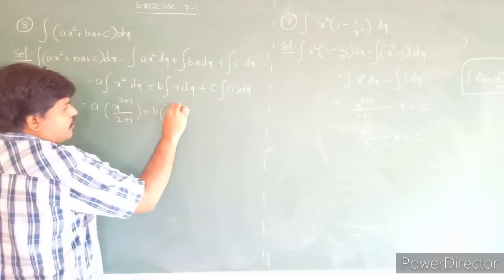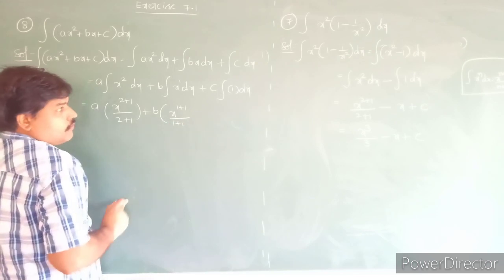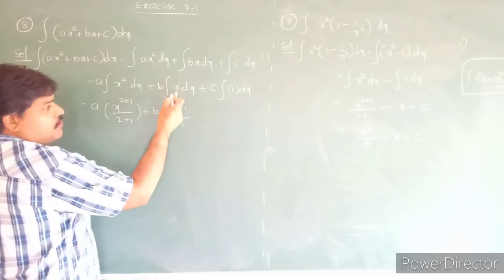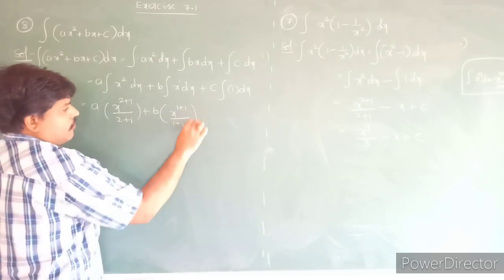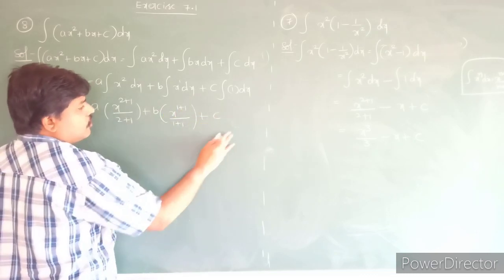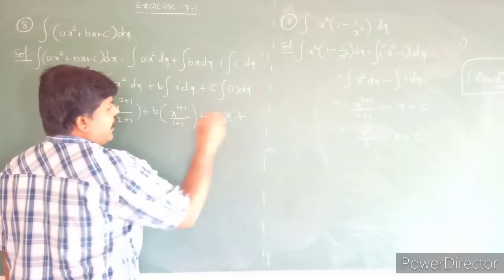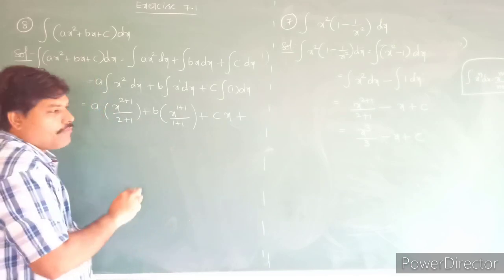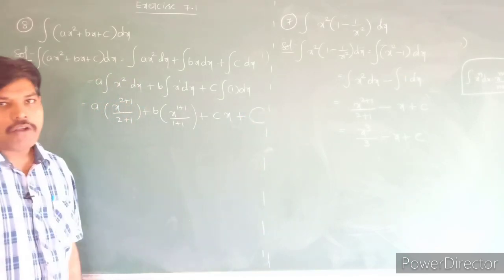So x power 1 plus 1 by 1 plus 1, plus c into integral of 1, which is x. Take one integral constant for all the functions, you have to take only one integral constant.